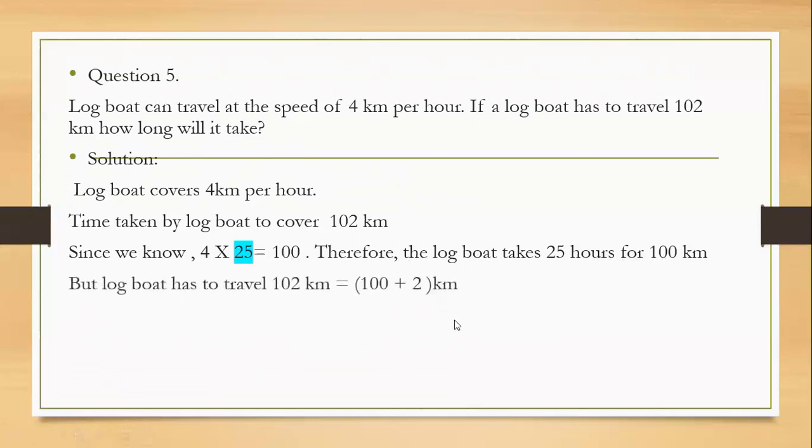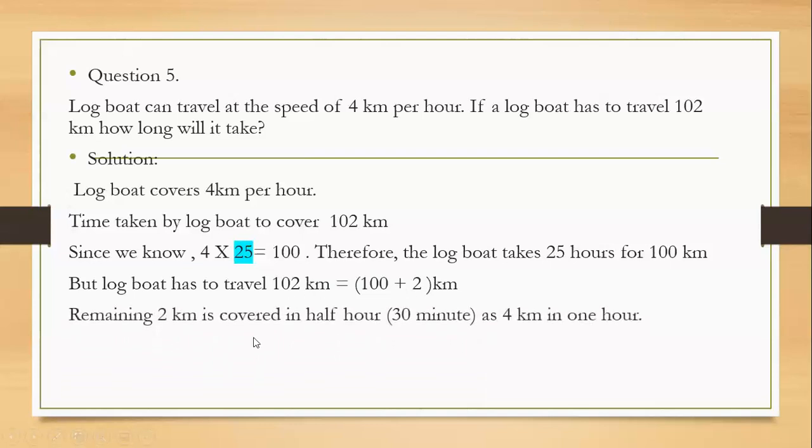But the logboat has to travel 102 kilometers. So 100 plus 2 kilometers. 2 kilometers is still remaining. What will we do? Since you know that 4 kilometers is covered in 1 hour, we can easily calculate that 2 kilometers takes half an hour, that is 30 minutes.